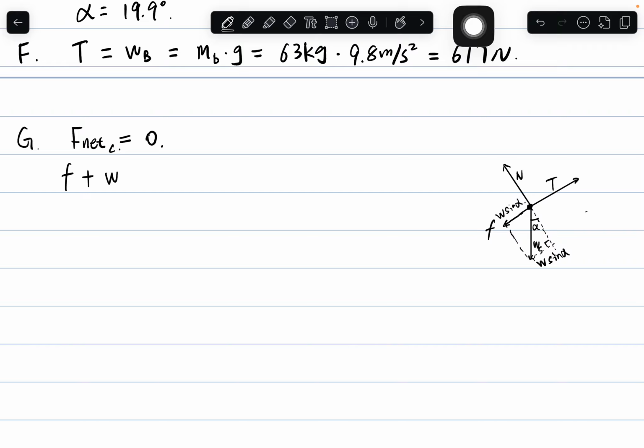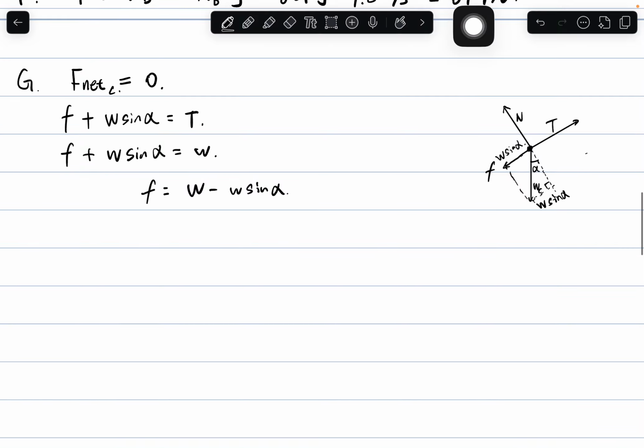The weight component, the weight times sine alpha, equals the tension, and the tension equals W. So friction plus W sine alpha equals W. So the friction equals W minus W sine of alpha, and when we simplify it, F equals W times 1 minus sine alpha.